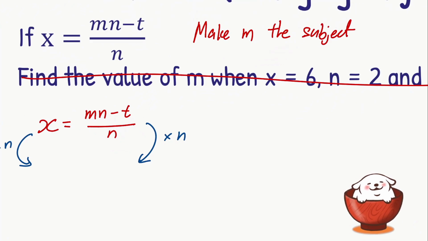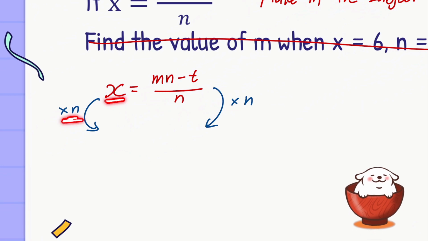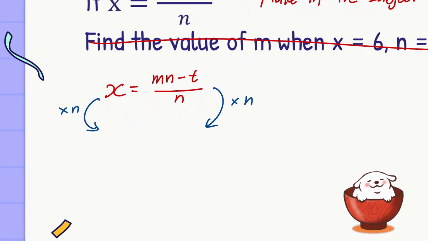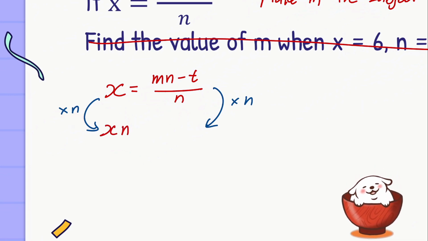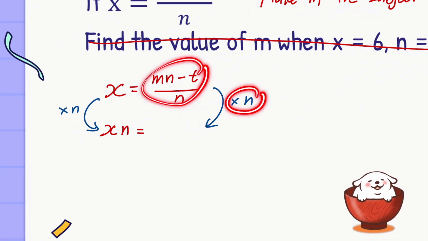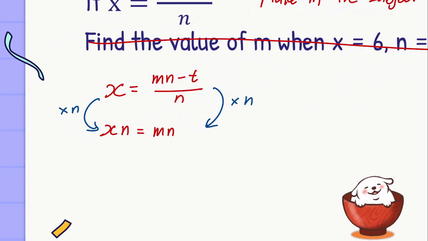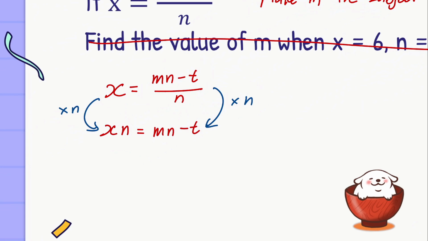Okay, so do you recall what happens when we get x multiplied by n? Okay, we should get xn. Now, because we multiply this whole fraction by the denominator, we are just simply getting rid of the denominator. So this will give us mn minus t. Do you see the idea now?